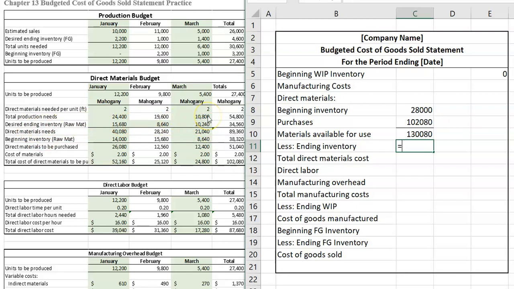In March, we had 10,240 feet at $2 per foot. Keep in mind, we always have to use USD in our statements, following the monetary unit principle. When we deduct our ending inventory from what was available for use, we find how much we actually used, and that is our direct materials for the period.